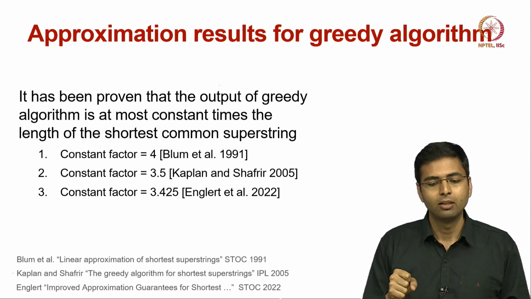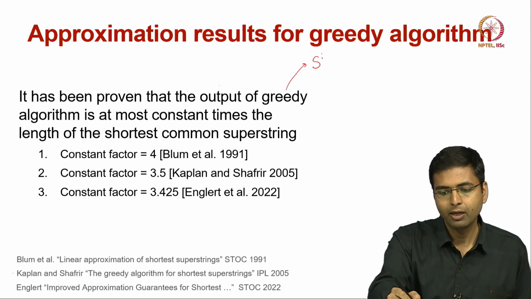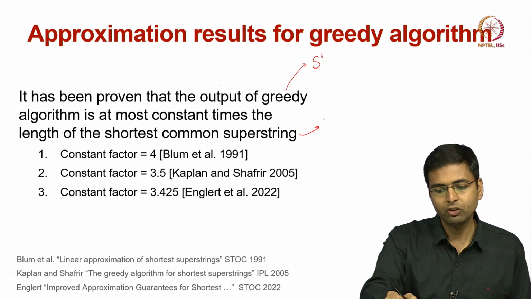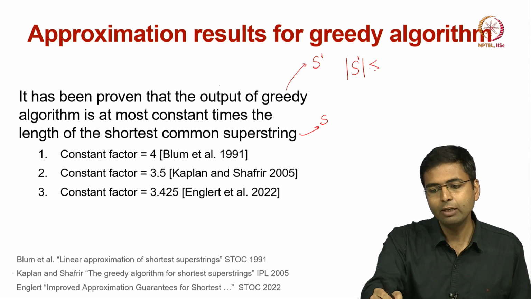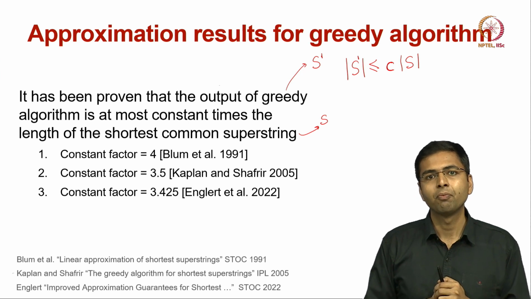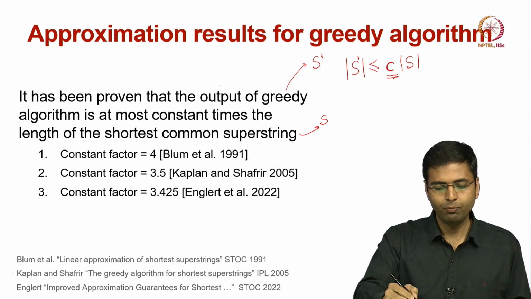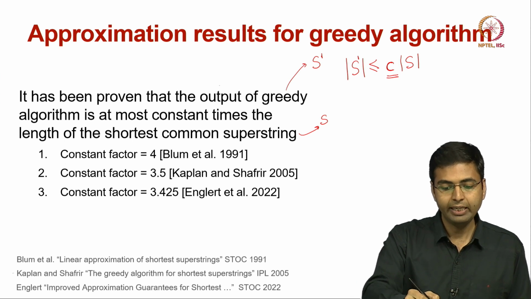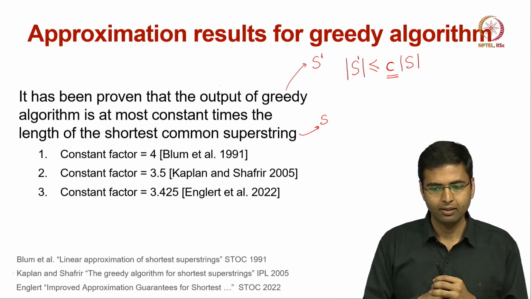So, for example, if greedy algorithm is outputting string S prime and the shortest common superstring is S, then we know that the length of S prime is less than or equal to a constant C times the length of S. And this constant has been proven to be 4 initially by a paper in 1991.